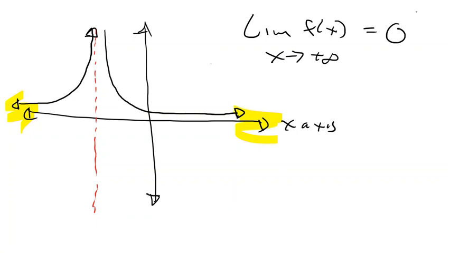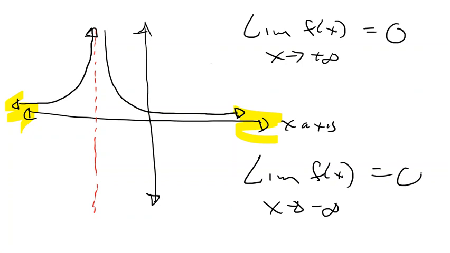So as x is getting infinitely large, the y value, or the limit, is approaching 0. Likewise, the limit of the function, as x is approaching negative infinity, is also 0. The graph is approaching 0 out here too. And so both of our limits are equal to 0. That's a limit at infinity.